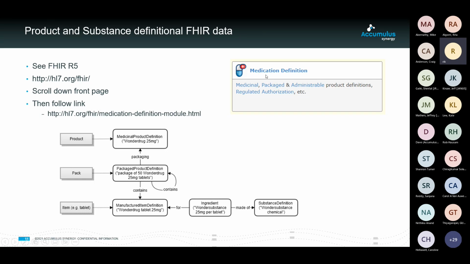If you scroll down and click on this link here, it takes you to a page that explains how these resources fit together, how we do packages and closures, how we do the tablet, how we do the ingredients for the tablet, how the ingredient relates to the substance it's made of. So this diagram is taken from that page, so you can get an idea of products with packages and tablets in them and so on. We won't teach you that today, but it's a good resource.